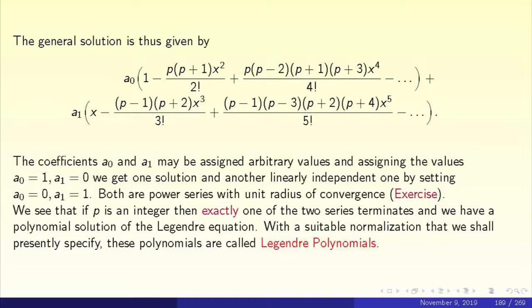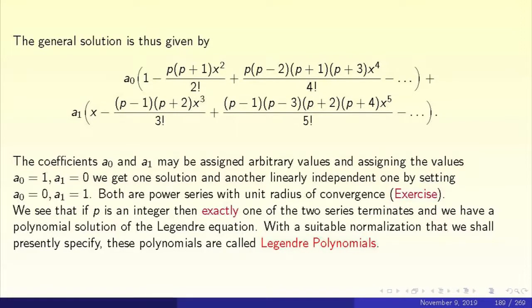Suppose P is 4, then what will happen? You will have 1 minus P into (P plus 1) upon 2 factorial x squared plus P into (P minus 2) into (P plus 1) into (P plus 3) upon 4 factorial x to the power 4. Rest of the things will all have P minus 4 sitting in there and they will all disappear.